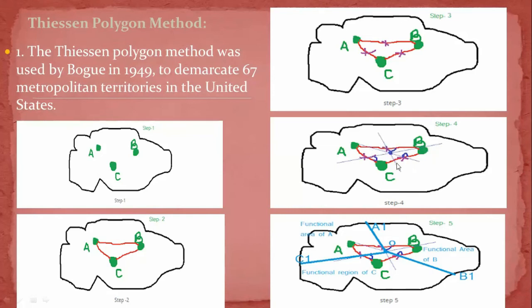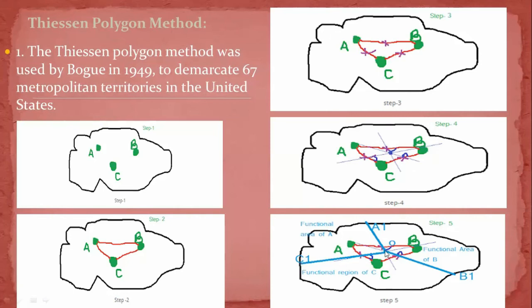Of course these will meet somewhere. So they have met over here at this node. Maybe this node is termed as 0. Now from 0, a straight line is drawn, touching the midpoint, to the ultimate boundary region.